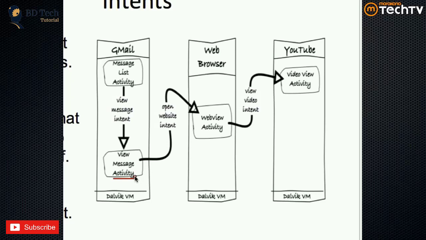Make sense? Conceptually it works the same. When you download Firefox on your phone, Firefox says I am a candidate to process HTML pages. Next time there's an HTML page, consider me as one of the candidates, pop up a question and ask the user if the user wants to use me. That's how it works.